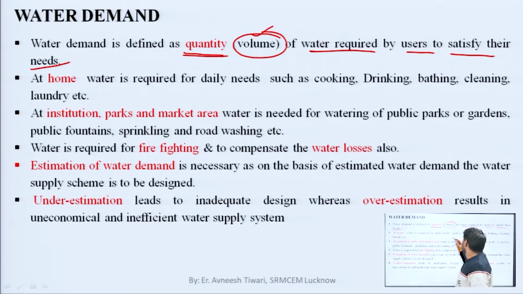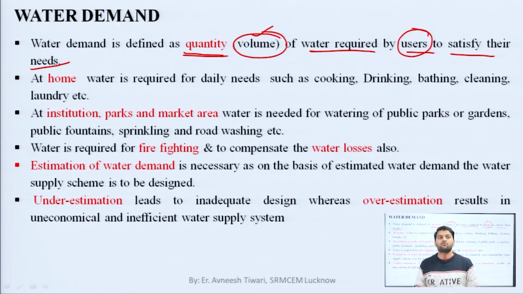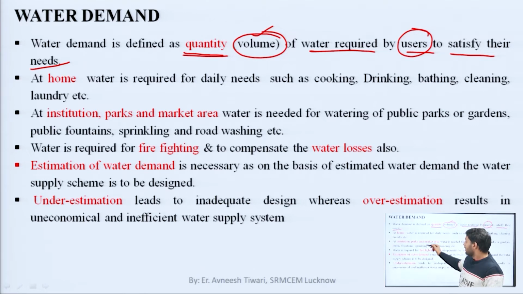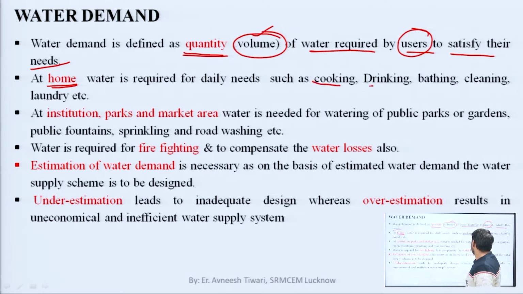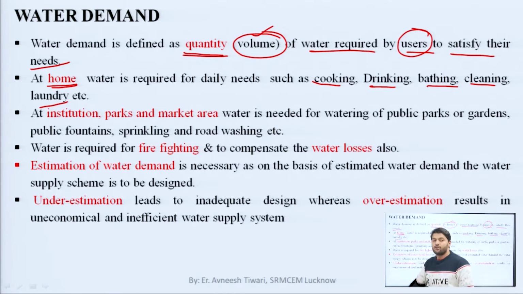The need of a user varies depending upon the requirement or the place where we are going to consume water. At home the water demand will be in the form of cooking, drinking, bathing, cleaning, and laundry. This is the basic requirement.